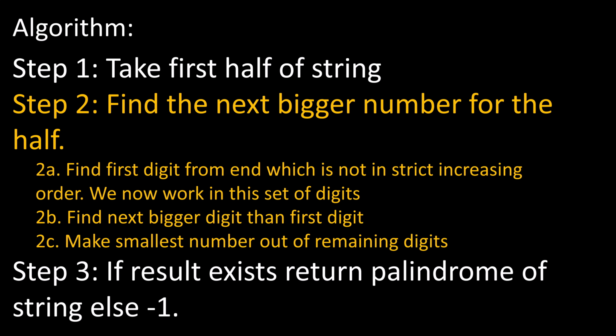We'll start off with finding the first digit from the end which is not in strict increasing order. We now work in this set of digits. We'll find the next bigger digit than the first digit, and now we'll make the smallest number out of the remaining digits. And to complete it, we will merge that number with its mirror image and return it as the next bigger palindrome.